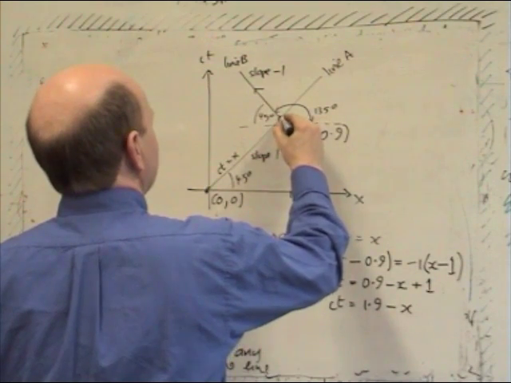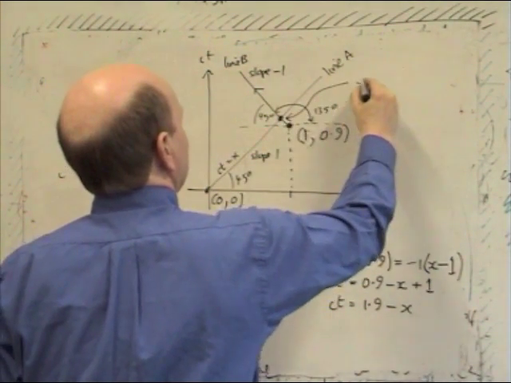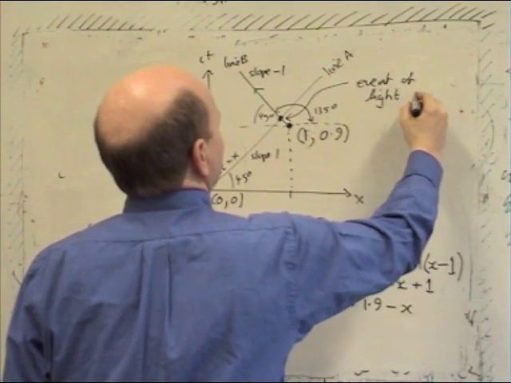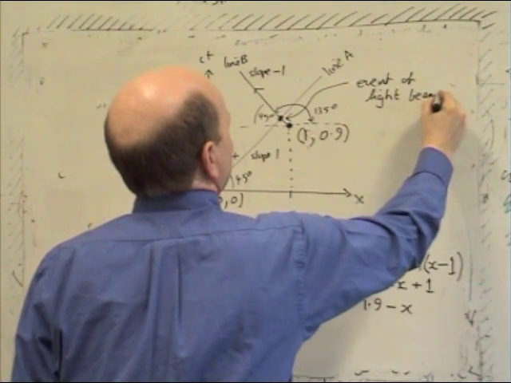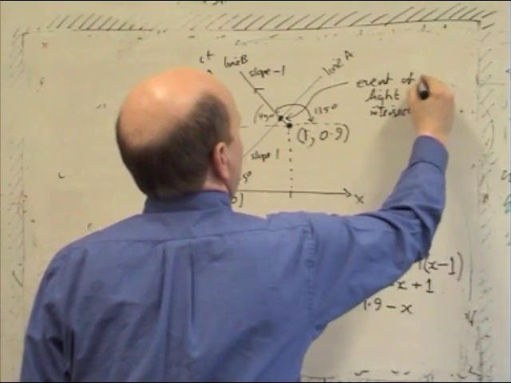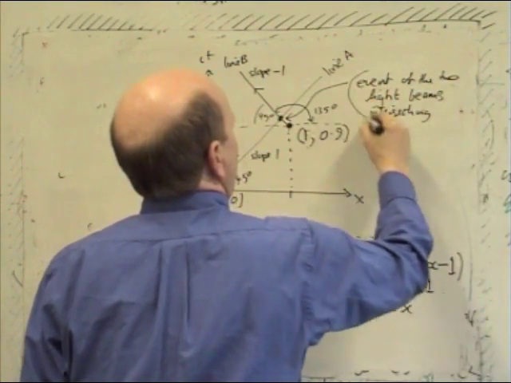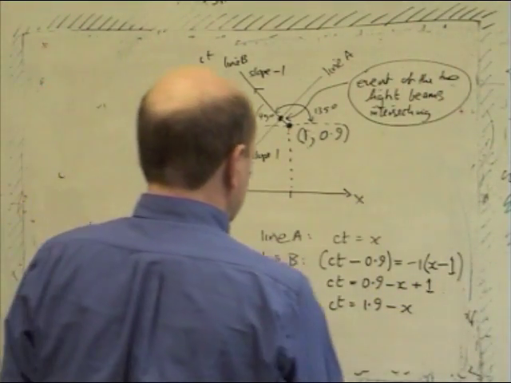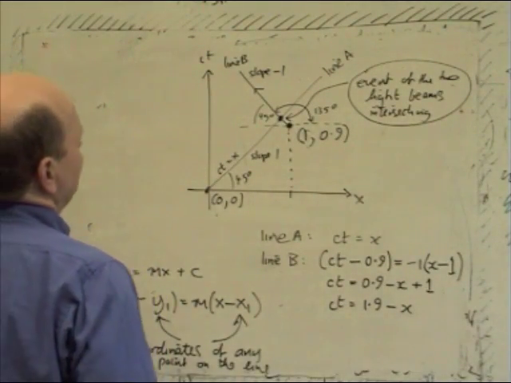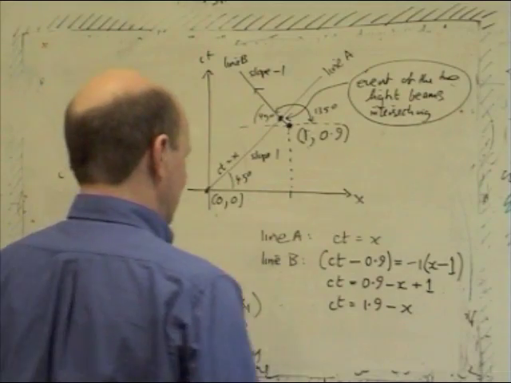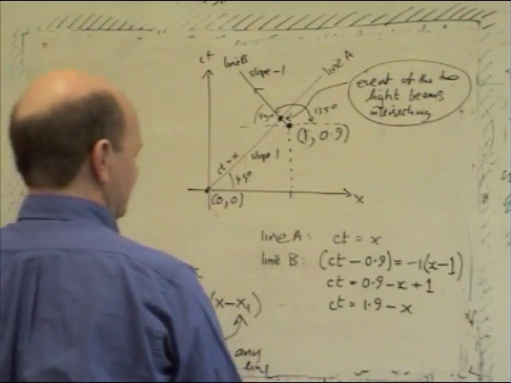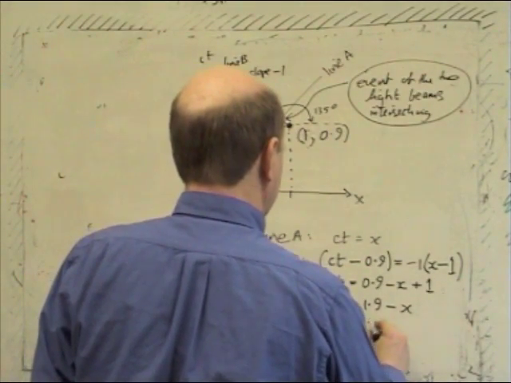The event of them intersecting, which you should also put on your diagram for full credit, because you were asked to, is found by solving the equations for line A and line B simultaneously, because they're only simultaneously true at the point of intersection. So if we take this ct from the equation for line A and we substitute in for x, you get x equals 1.9 minus x.